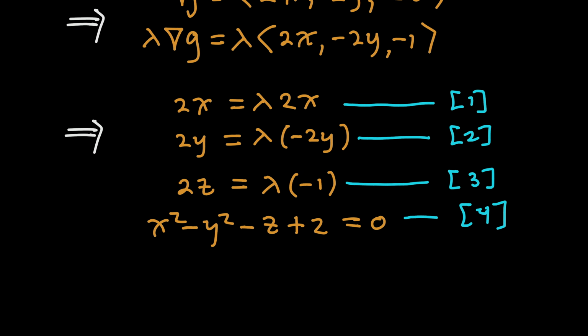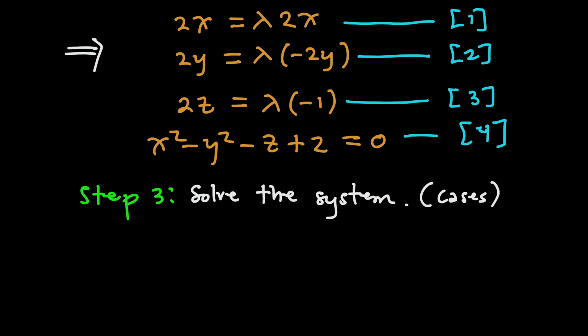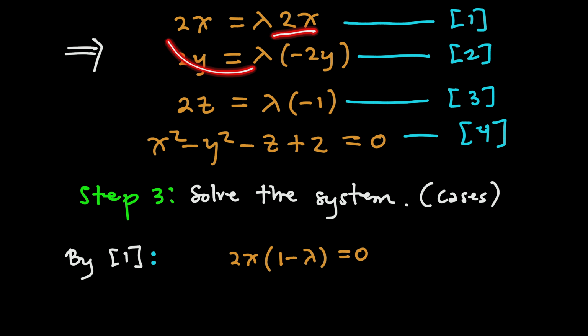Let us now proceed to step 3, which is to solve the system. From the first equation, we can make this simplification. If we transpose this and then factor out 2x, you will have 2x times 1 minus lambda equals 0, which gives us the possible values x equals 0 or lambda equals 1.